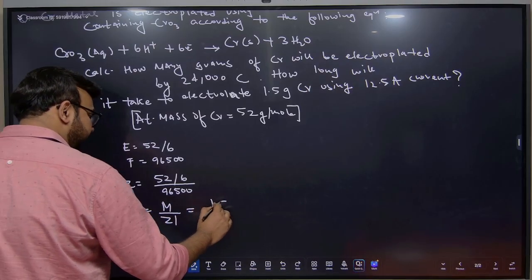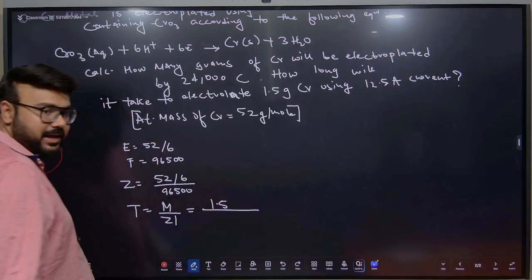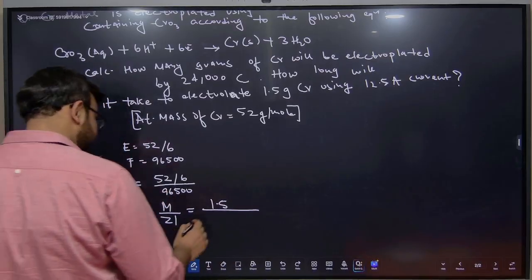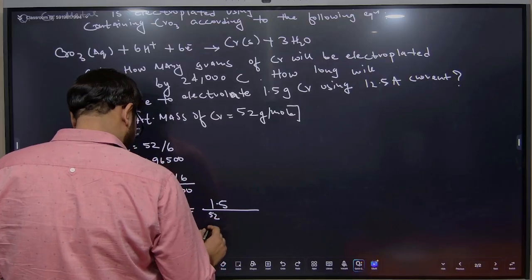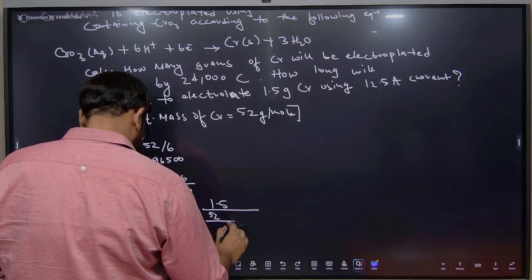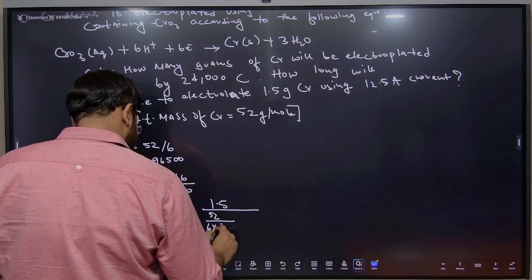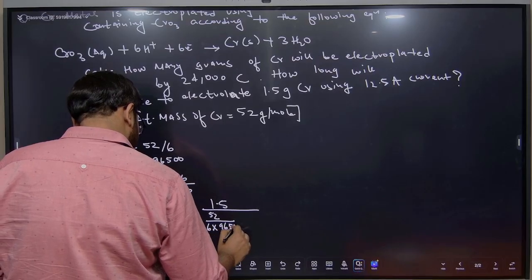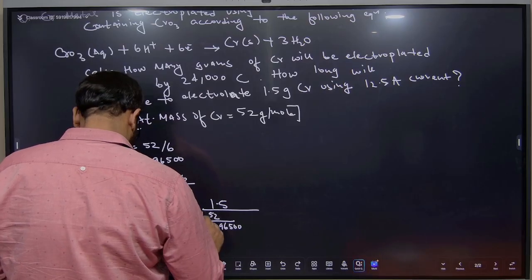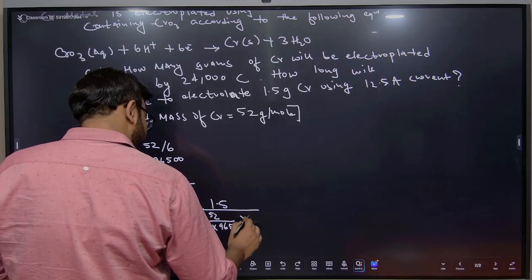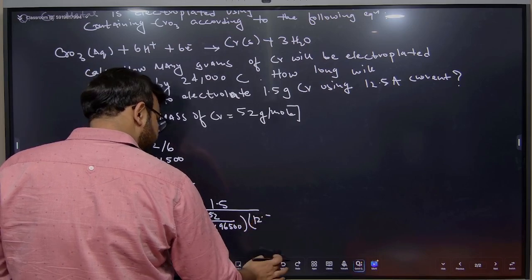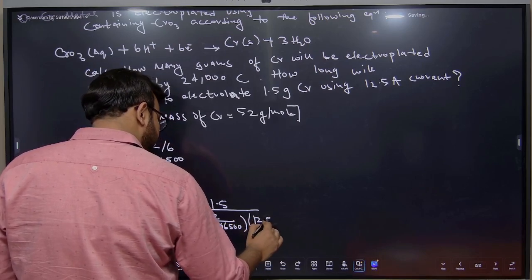Let's put all the values. So 52 by 6 into 96,500 into 12.5.